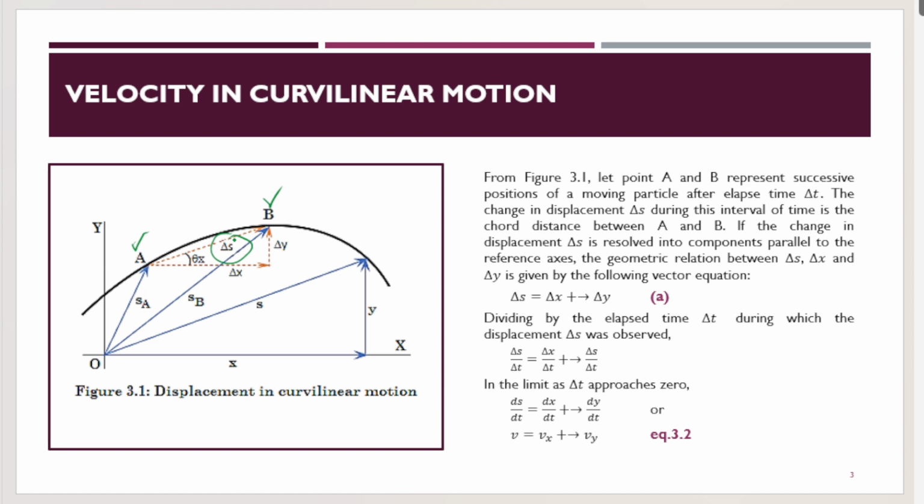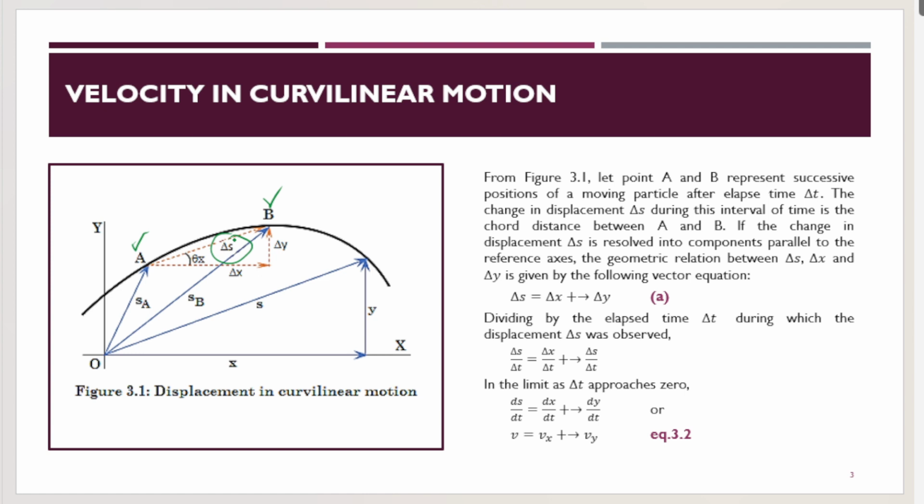If the change in displacement delta S is resolved to components parallel to the reference axes, the geometric relation between delta S, delta X, and delta Y will be given as this. In short, it is the same thing as with velocity and acceleration.